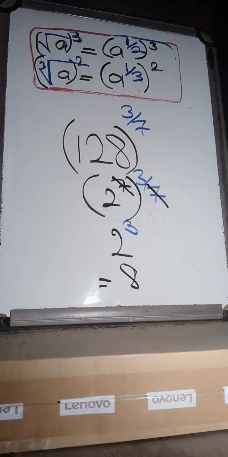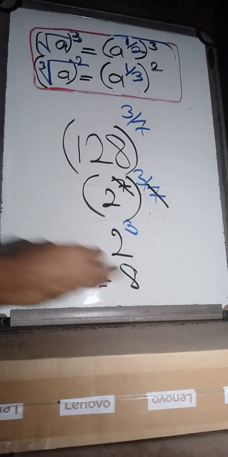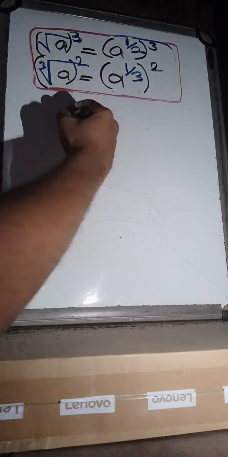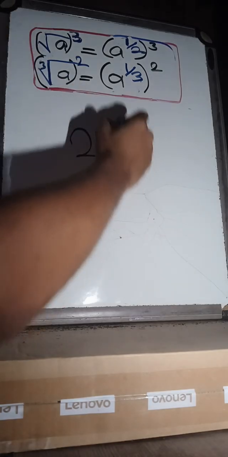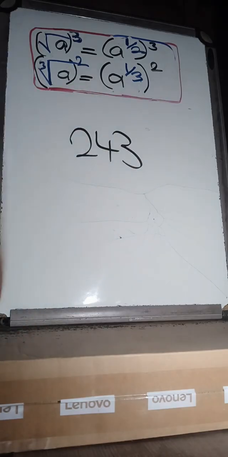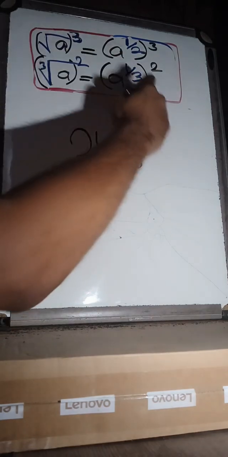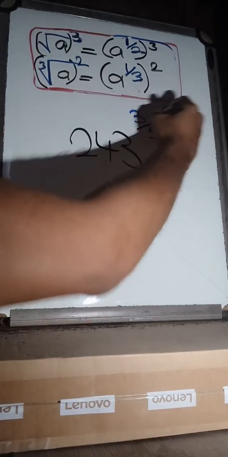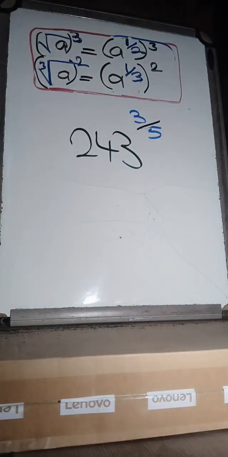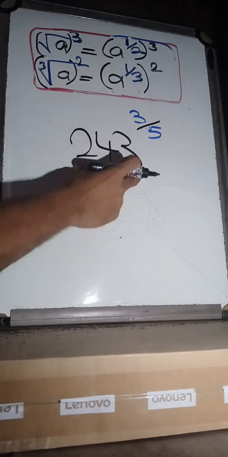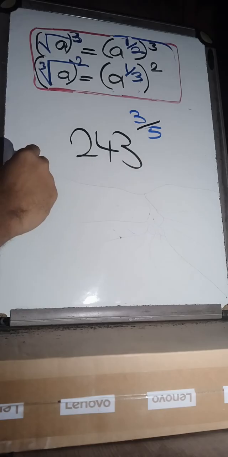Alright, I'm looking at this other one. What about 243? So let me try that. 243, and you're raising that to, I mean, it could be 2 over 5, it doesn't really matter. Whether it's 2 over 5, 3 over 5, whatever. But what do we know about 243?